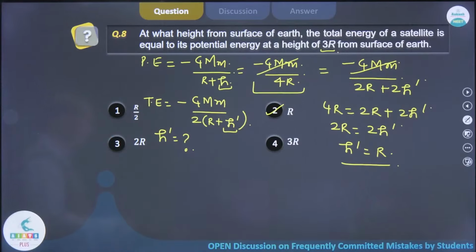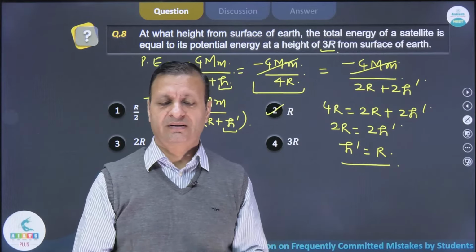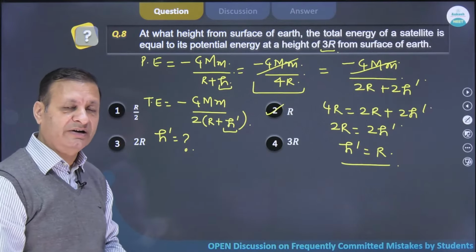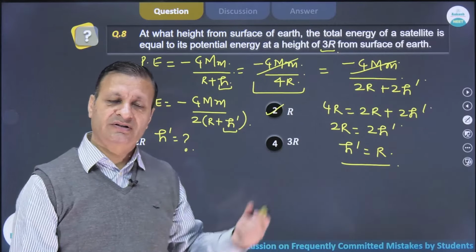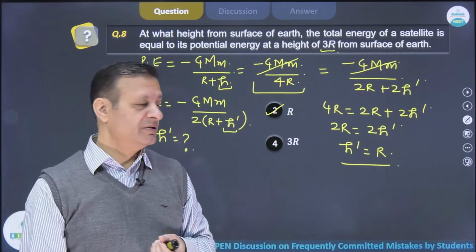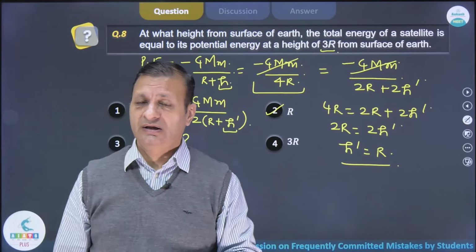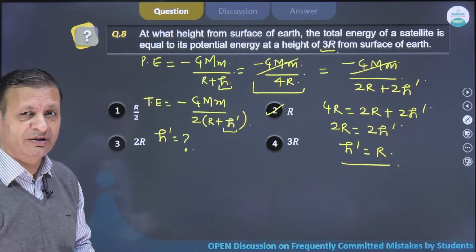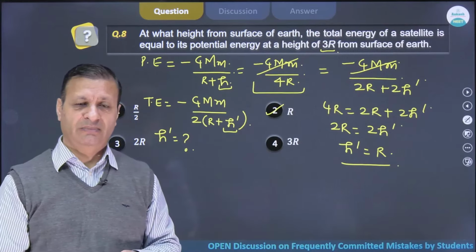Any doubt from this part? You just need to remember these two formulas, and under the given situation, just equate these formulas as the question is demanding. All these questions are quite feasible and easy for you if you know all the formulas. I hope you are ready with your formula bank by this time.